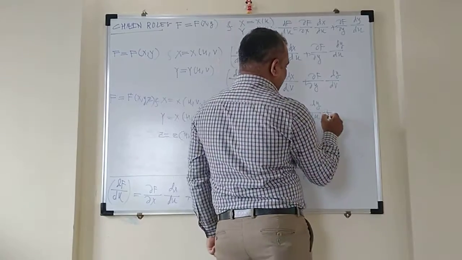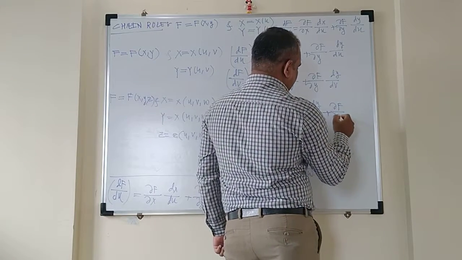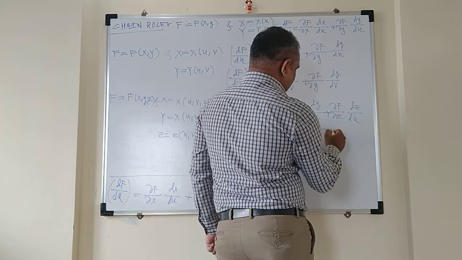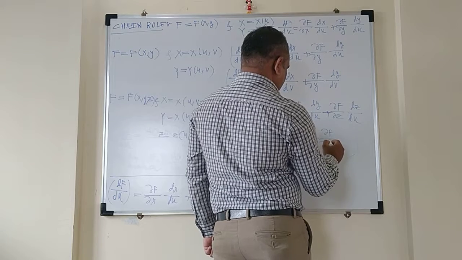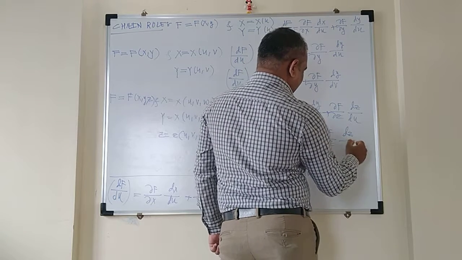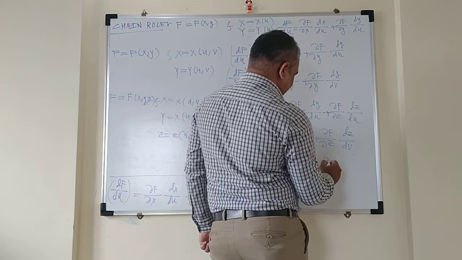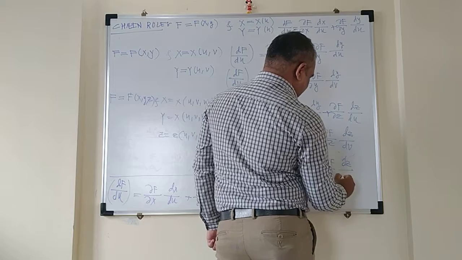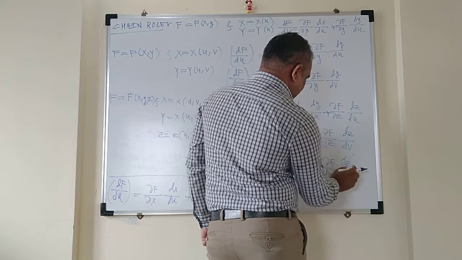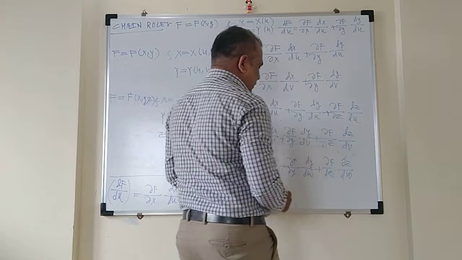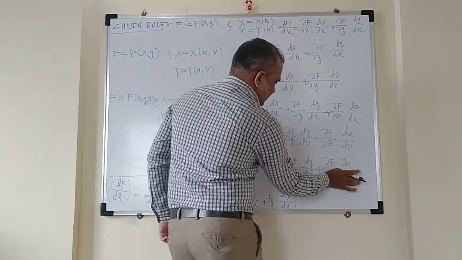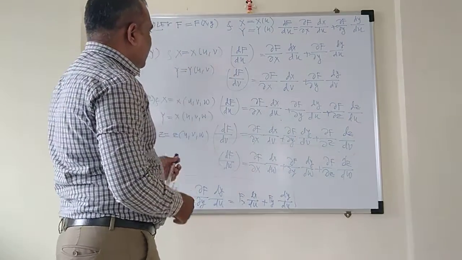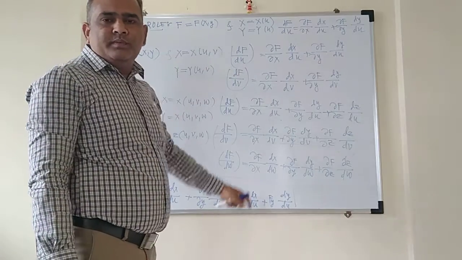So this one more term added will be dou f by dou z into dz by du, plus dou f by dou z into dz by dv, and plus dou f by dou z into dz by dw. So this is the concept of chain rule.